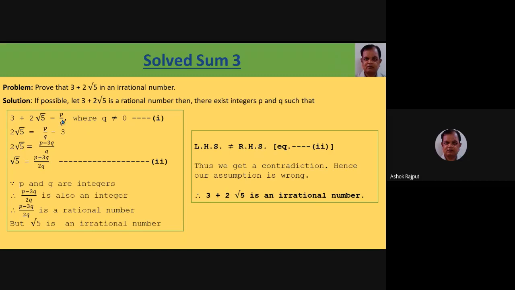In all questions, if we are going to prove the given number is irrational, first we let it, then put it equal to p by q, then simplify it and check it, and then if we find both sides are not equal, it is a contradiction. The contradiction means opposing: the left side is opposing the right side. So there is a contradiction here.